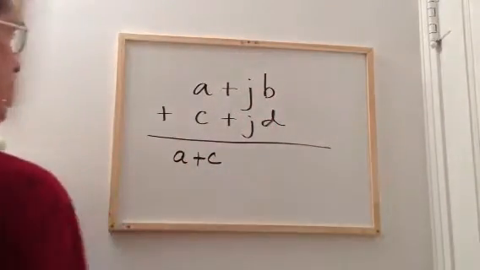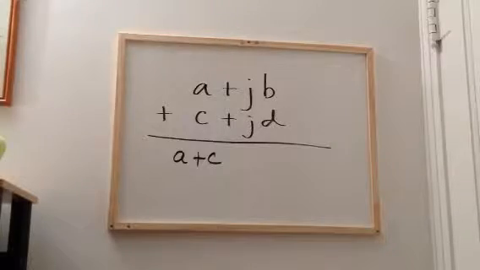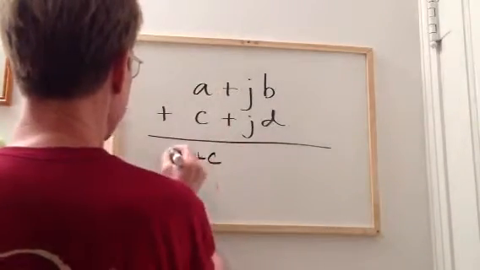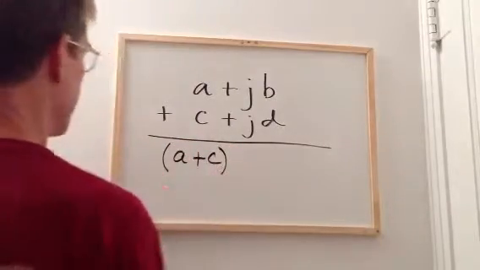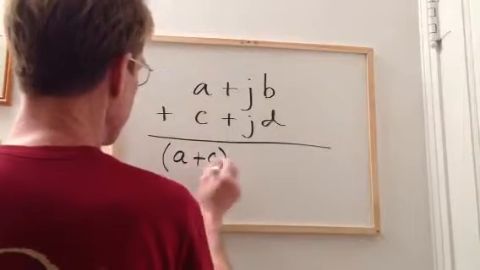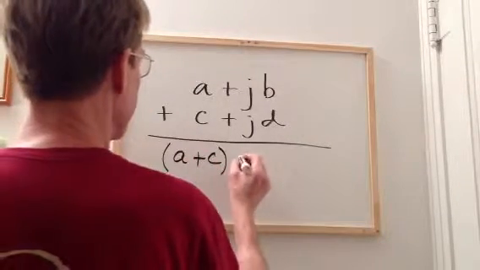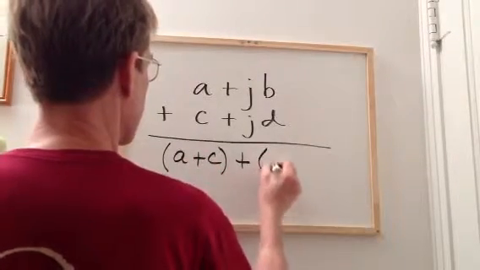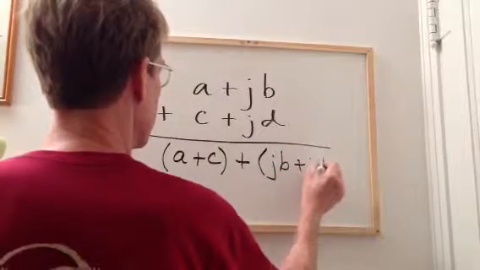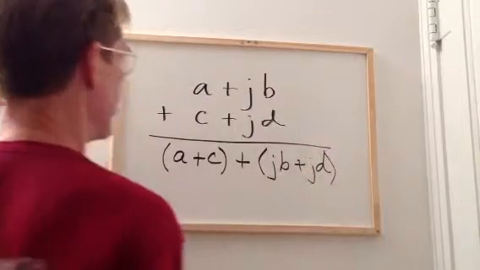When we add two complex numbers like this, we add the real portions and the imaginary portions separately. In this case, we get, and I'm going to add some extra parentheses here to emphasize that here is the real part, JB plus JD.